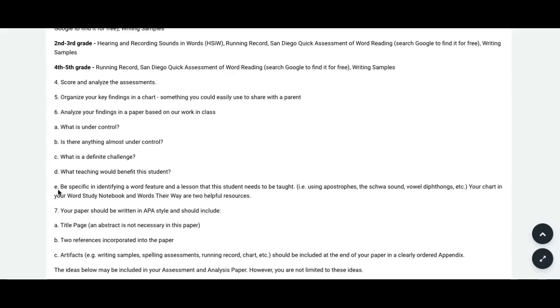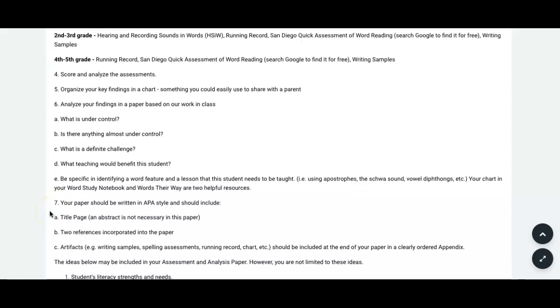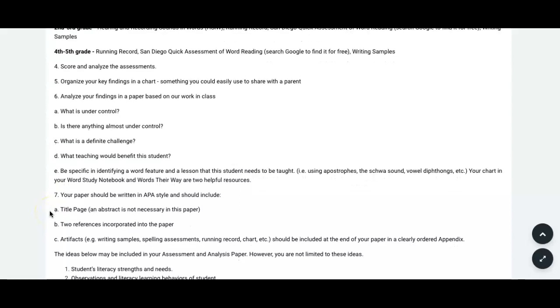So you will need to add additional information to complete all of the areas on the template. Your paper should be written in APA style. It should include a title page. An abstract is not necessary. You need 2 references incorporated into the paper.